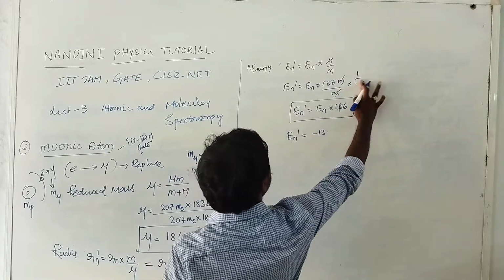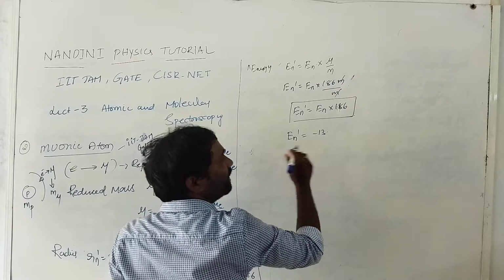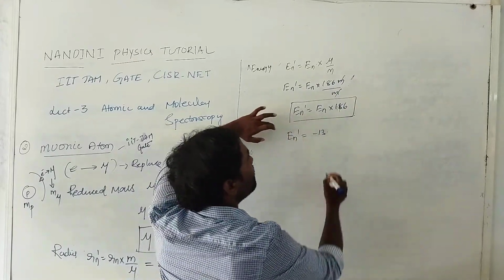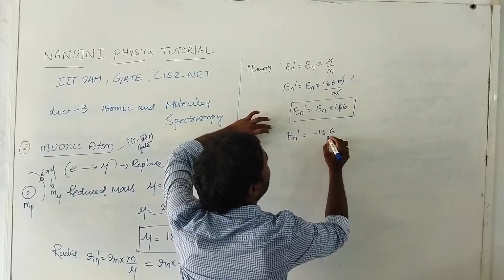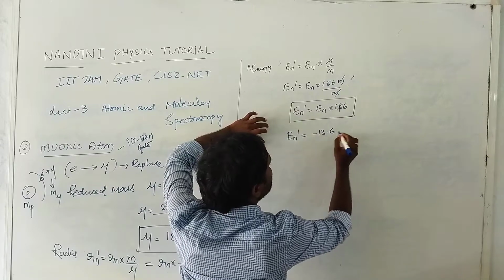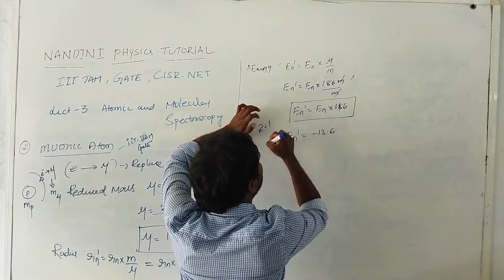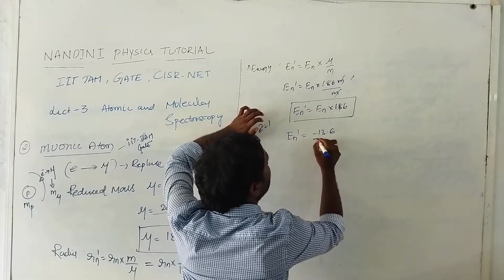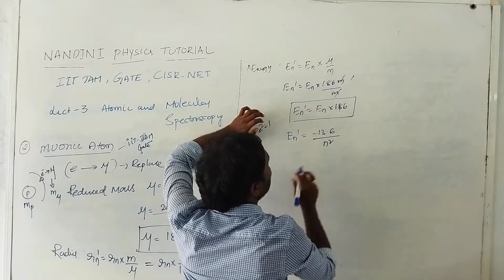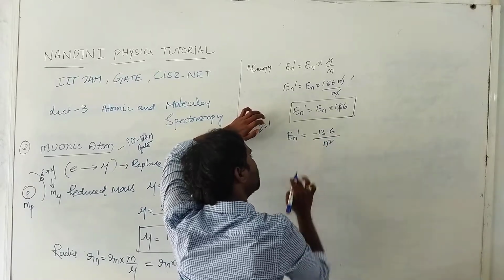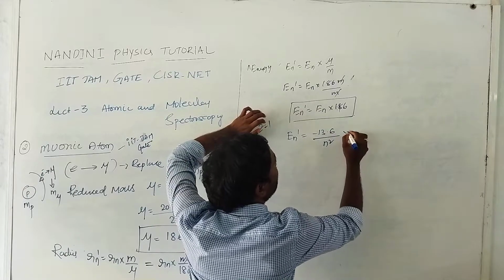Minus 13.6. Don't write these things, I will write here only. Minus 13.6 into z square by n square, where z square is equal to 1, take z is equal to 1 for hydrogen like atoms only, divided by n square which is the order of the spectrum levels, that is why it is not changed, into 186.